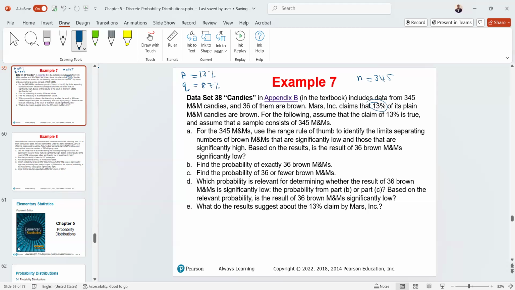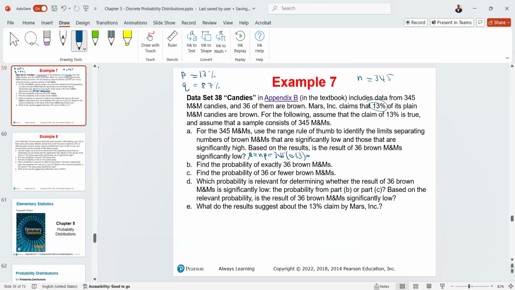to identify the limit separating numbers of Brown that are significantly low or significantly high, because in order to do that, of course, you need to find the mean. The mean is NP, that means 345 times 0.13.